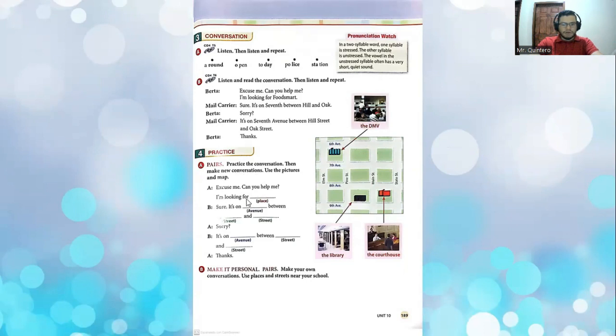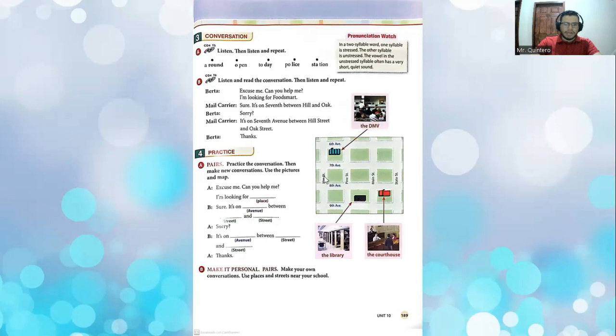I'm looking for the DMV. Vamos a suponer que están buscando el DMV. Sure, it's on. ¿En qué avenida está? It's on 6th Avenue between, ¿en medio de qué?